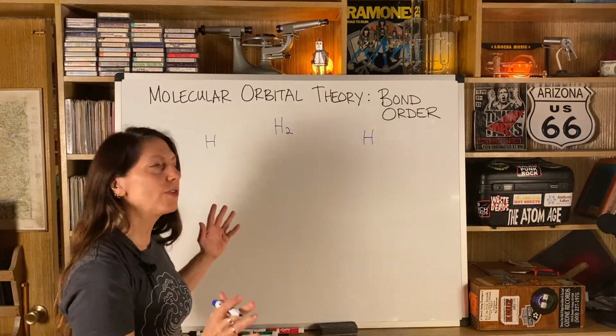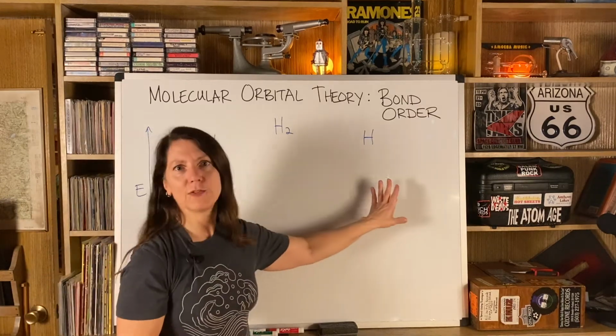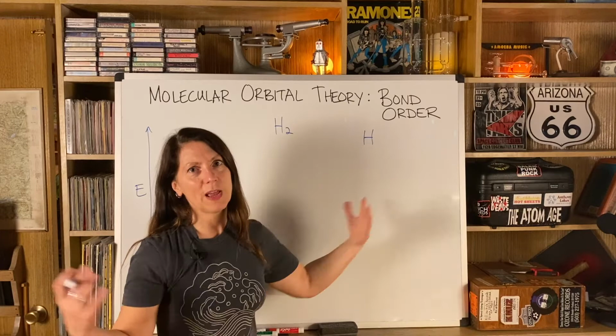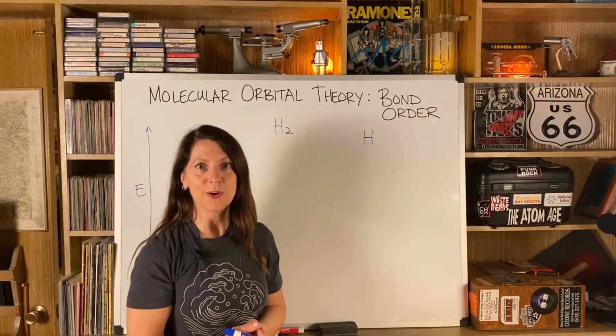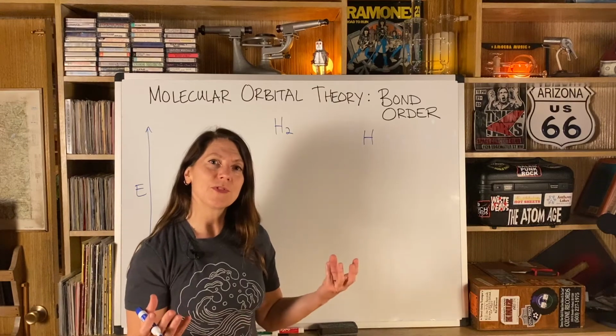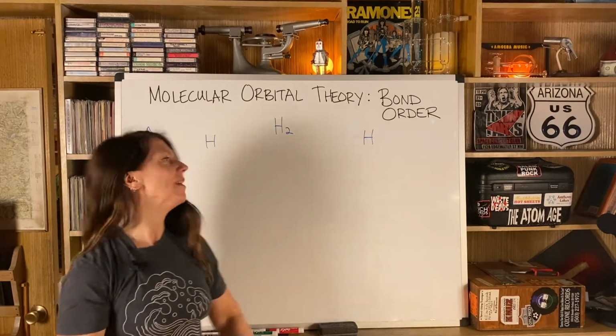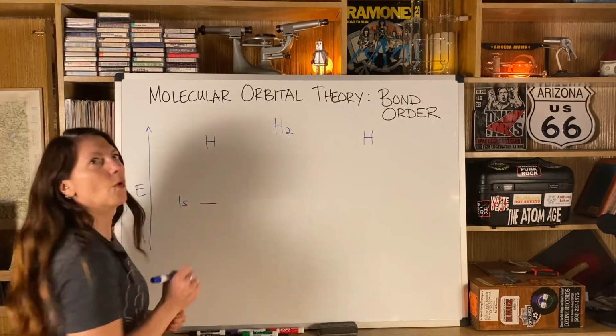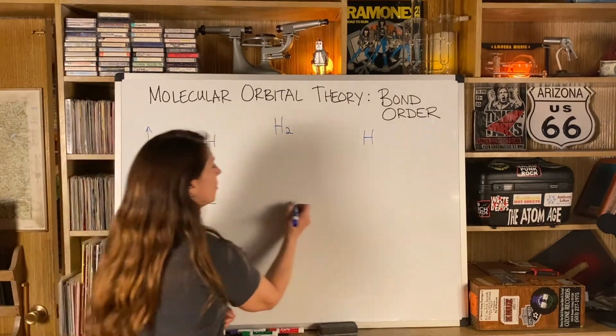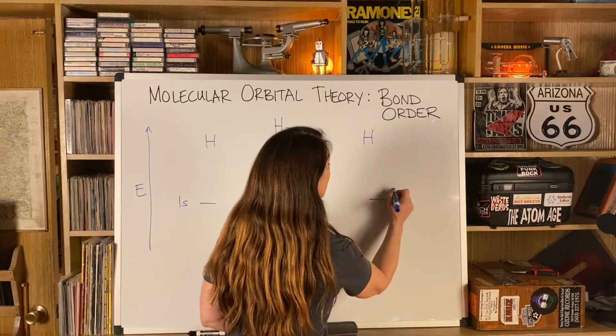But it is helpful to think about what are the energies of those atomic orbitals before they combine together to form the molecular orbitals. Okay, so in terms of those atomic orbitals we're looking at for hydrogen, this is the 1s orbital for both of those, equal in energy.